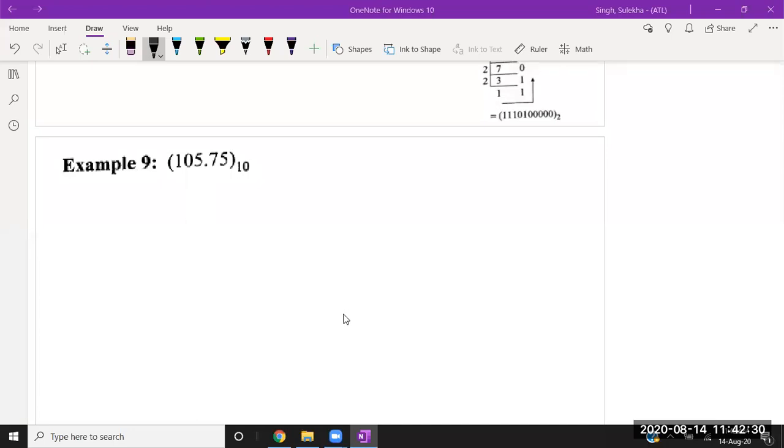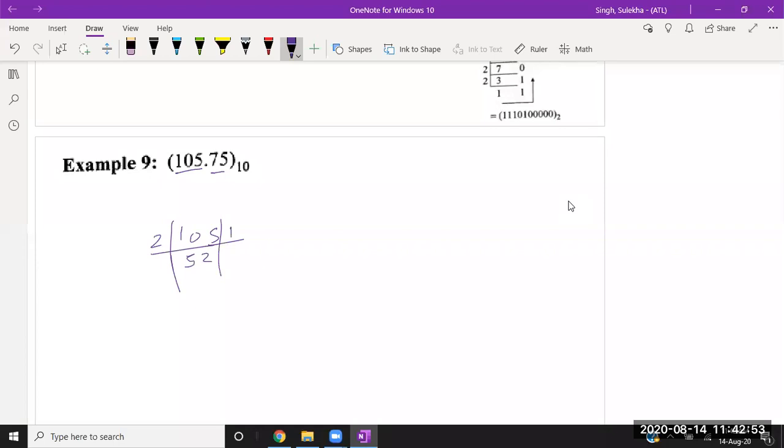In this number 105.75, there are two parts: basically, one is 105 and another is 75. The 105 you convert by the usual method. You divide by 2, you get 52, and the remainder, which is 1, you write here.